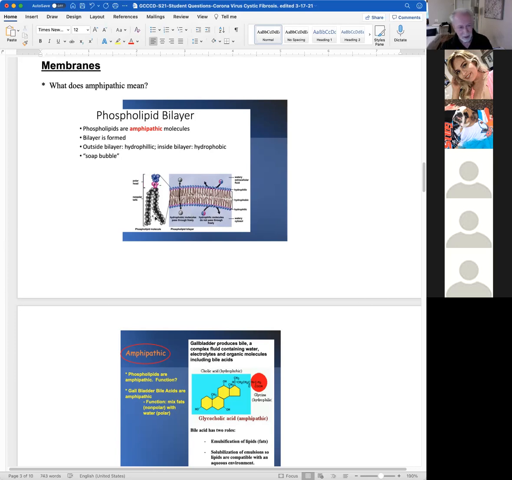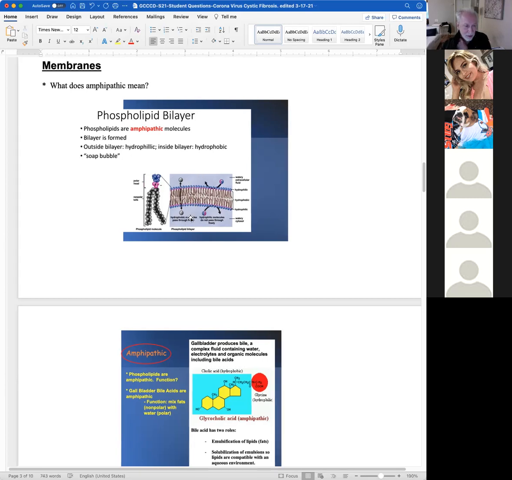The hydrocarbon tails are incompatible with water, and that's what makes it into a membrane, separating the interior of the cell from the exterior, both of which are aqueous. You have a watery cytoplasm, a watery extracellular environment, and the membrane has this amazing ability to separate those two because the phospholipids are amphipathic.